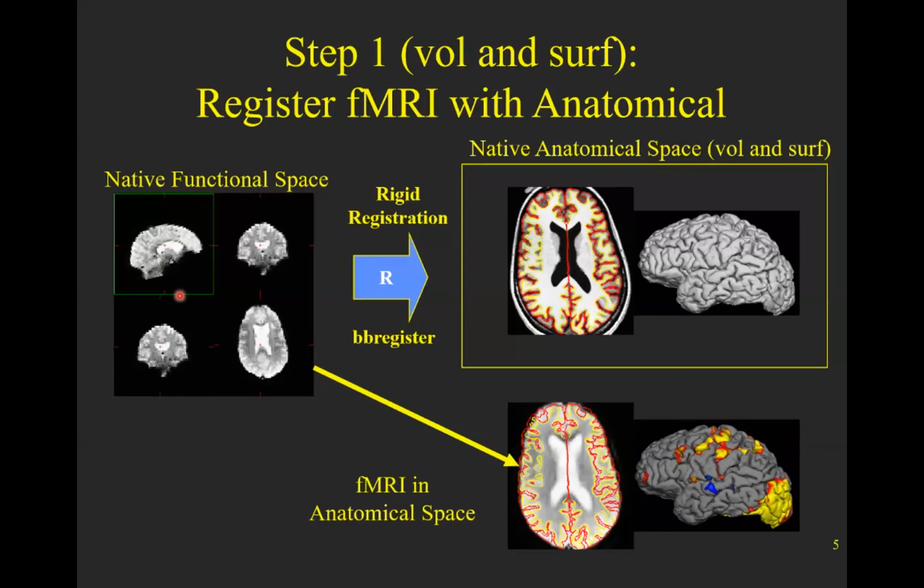It's really, really easy to move your head by that amount. So there's a need for registering the anatomical and the functional, and that's done through these registration algorithms that have been developed over the last 20, 30 years.